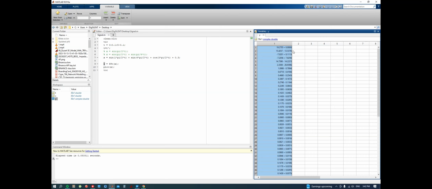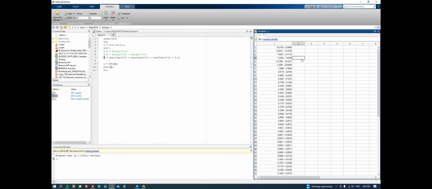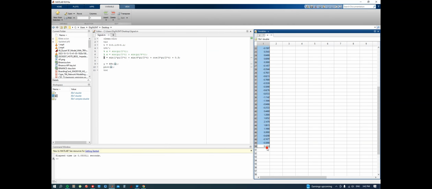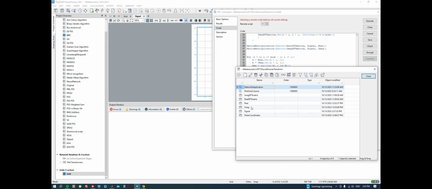Let's do the same thing in DIgSILENT. First of all, we are going to take the already computed signal from Matlab, which is stored here in X. We are going to copy the signal, Ctrl+C, and paste it in its corresponding matrix, signal here.